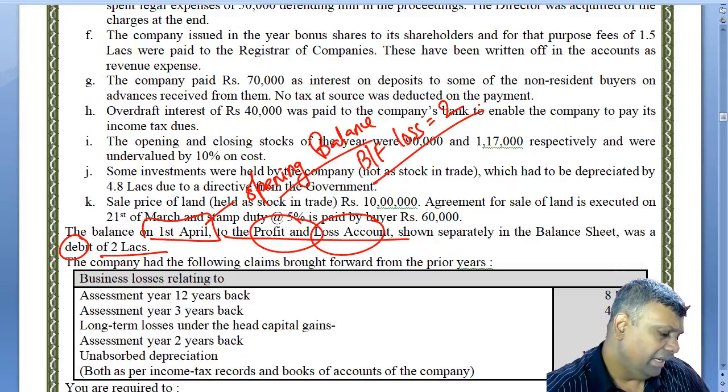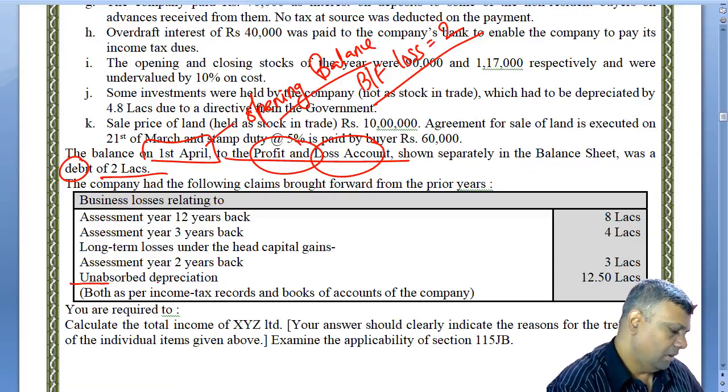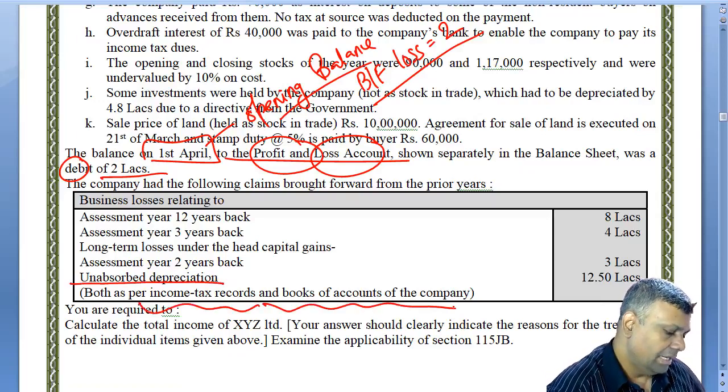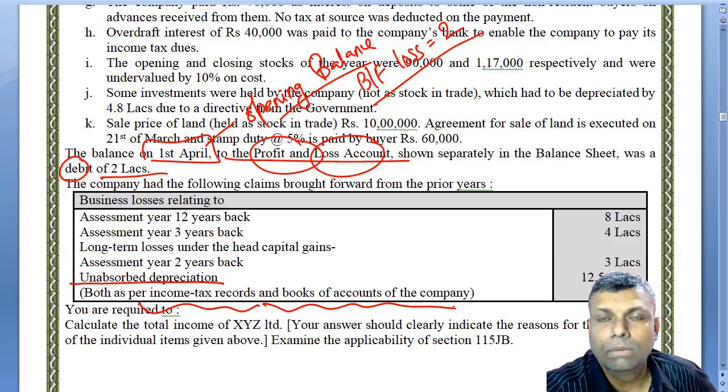Now, the company had the following claims brought forward from the prior years: business loss relating to assessment year 12 years back, assessment year 3 years back, long-term loss under the head capital gains, unabsorbed depreciation, as per income tax records and as per the books of accounts of the company.